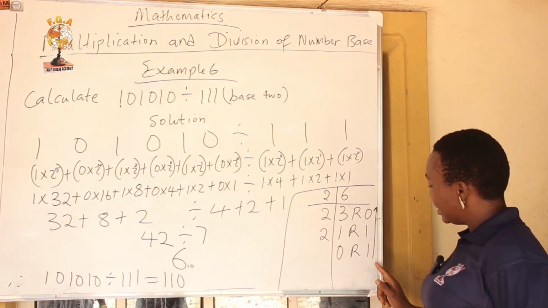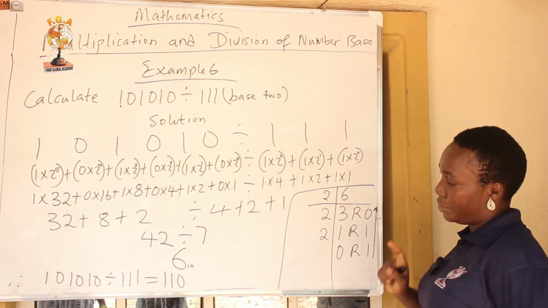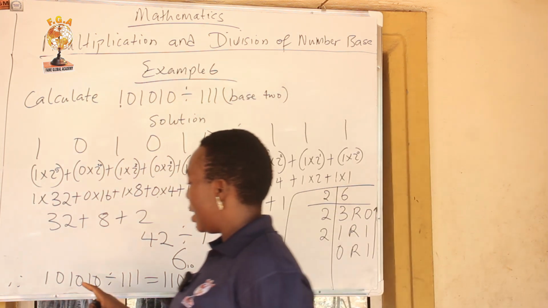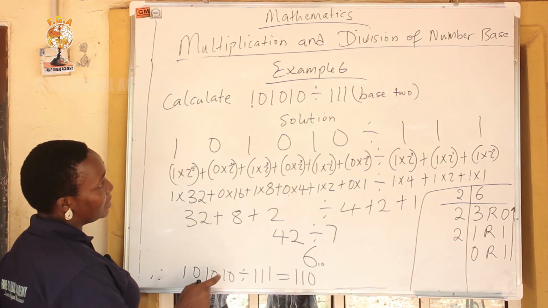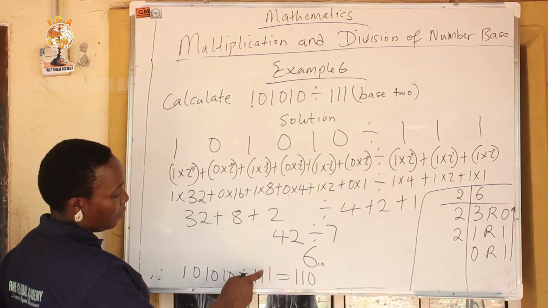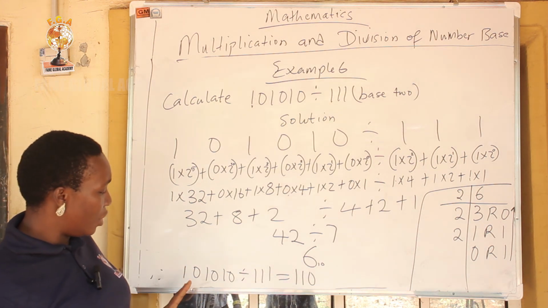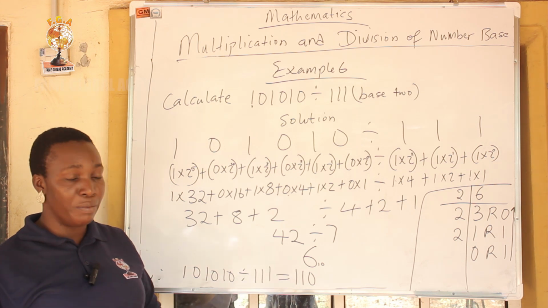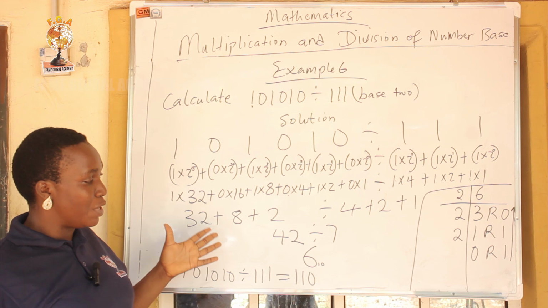So you read your answer from down up, which is 1, 1, 0. So our answer is 110. Therefore, 101010 divided by 111 will give us 110. You can see that the answer is also in binary. Anything that concerns binary numbers, your answer must be in binary.